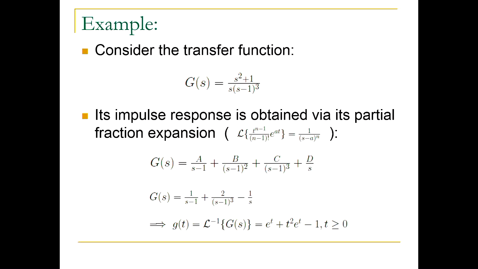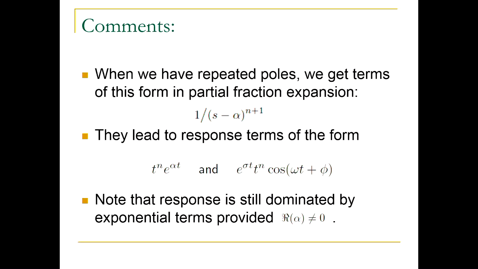So this is an example of what I was saying before: the impulse response of an arbitrary system would be a sum of functions that I already went through. I gave you all possibilities of these functions. So this is just one example. When we have repeated poles, you get terms like this, and these would correspond to terms like this, or terms like that if alpha is complex.